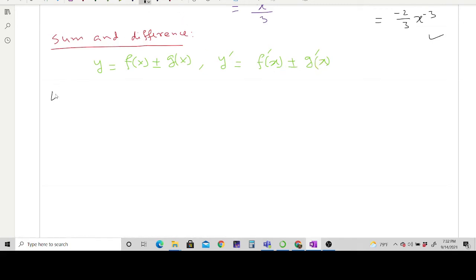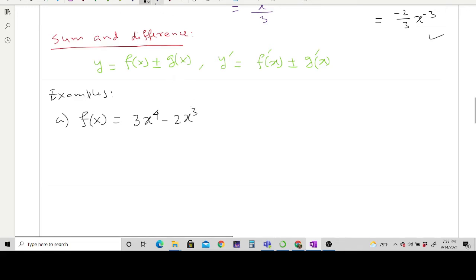Okay, example number 1. f of x equals 3x to the 4 minus 2x cubed. So it's a difference of two functions. The derivative of this function, f prime of x, equals you take the derivative of the first function minus the derivative of the second function.